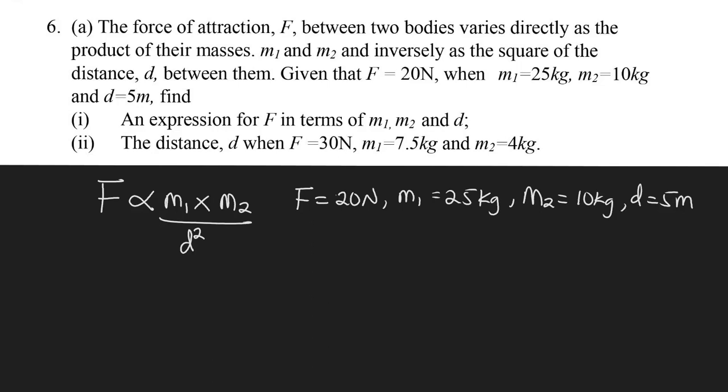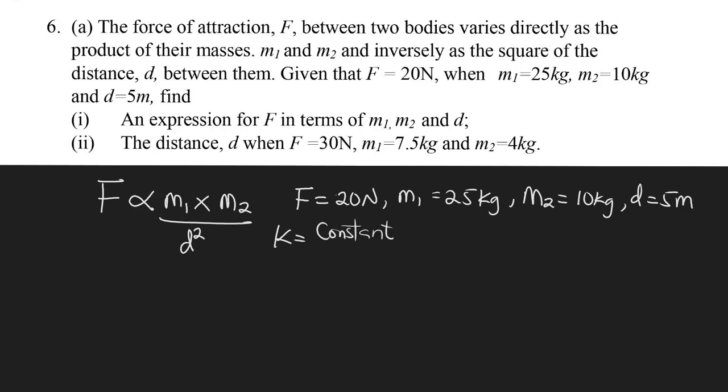First question is, find an expression for F, that's the force, in terms of m1, m2, and d. So we have to find the expression of force in terms of mass 1, mass 2, and the distance. So remember that in variation, we have what we call a constant. So we introduce a constant. So we say k is equal to constant.